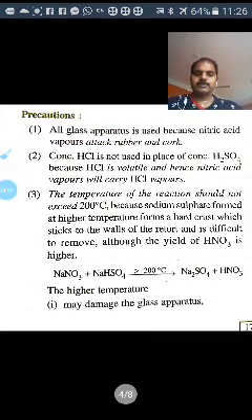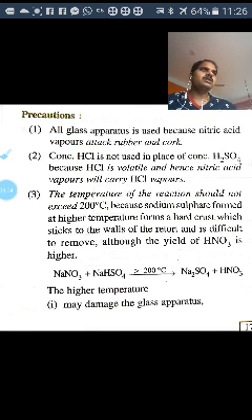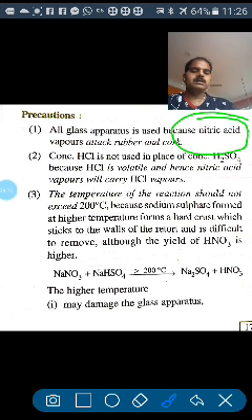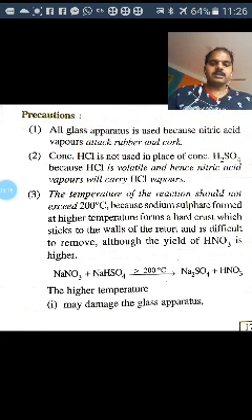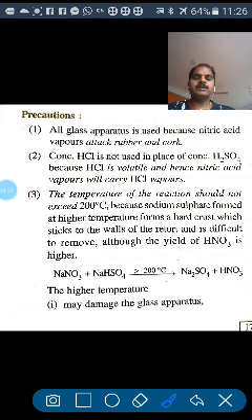Now precautions, there are 3 precautions noted in our book. First one is that we will not be using any rubber or cork materials because nitric acid attacks rubber and cork. Next, we will be using concentrated sulfuric acid, but we cannot use concentrated hydrochloric acid.